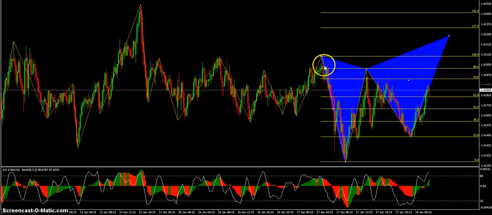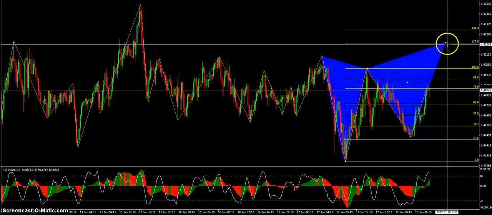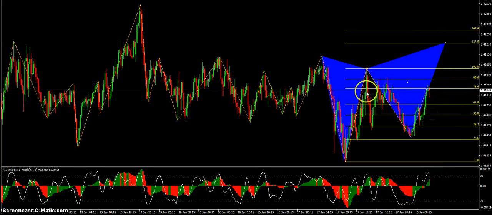Actually, it's that point there. So about 127 Fibonacci expansion level is where we're looking at entry, putting our stop losses probably somewhere up here, maybe 20, 25 pips, something like that, and riding it down to these lows here.